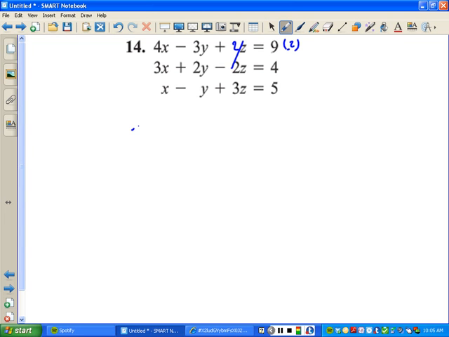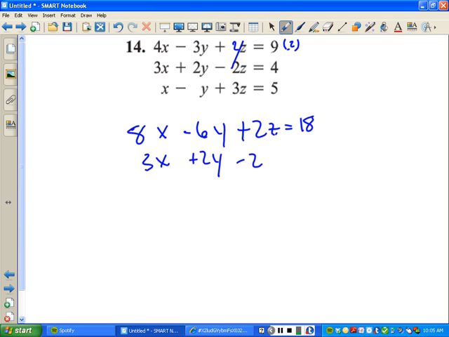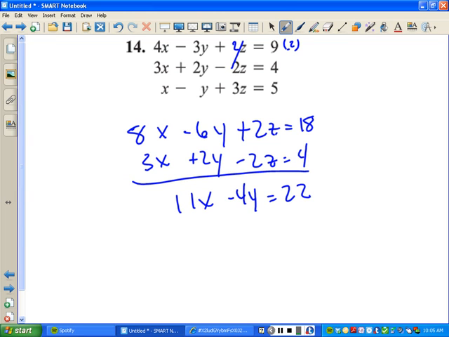So we're going to go 8x minus 6y plus 2z equals 18, and 3x plus 2y minus 2z equals 4. Adding these together, you get 11x minus 4y equals 22. We agree on that?